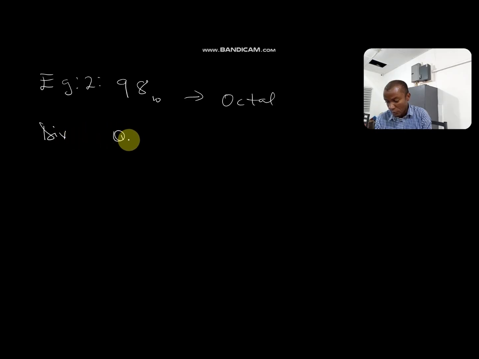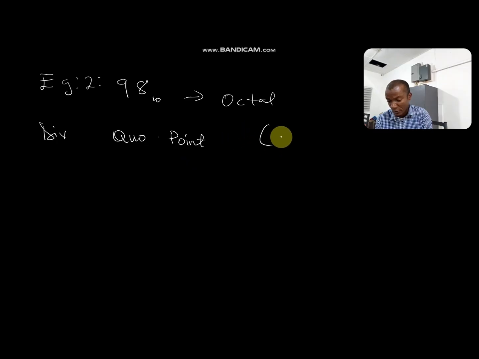Let's try another example. Example 2. I have 98 base 10, and we are to change this to octal. So I have my division here, my quotient here, then I will have some points.